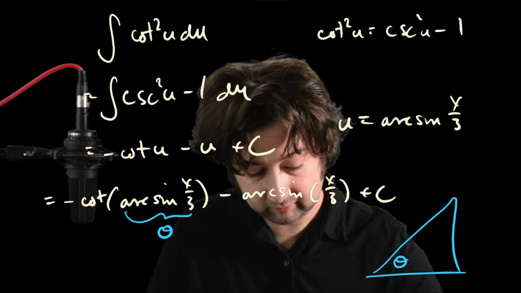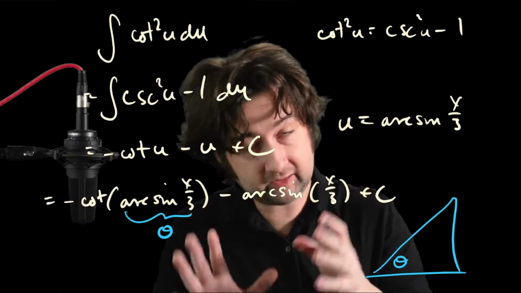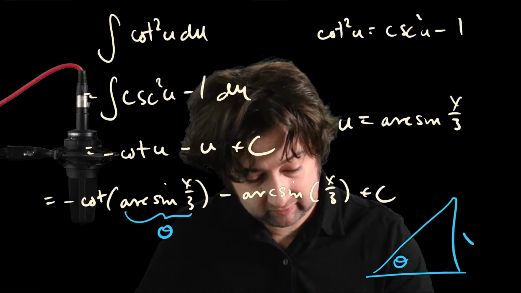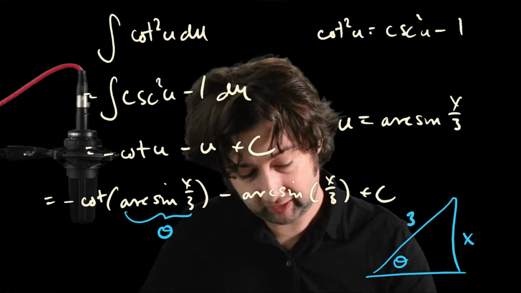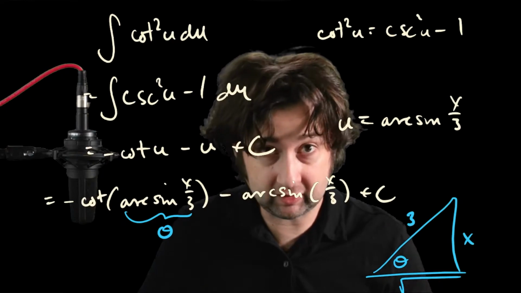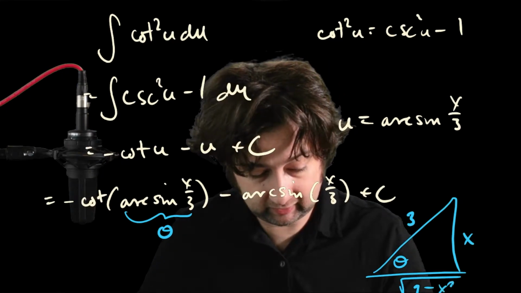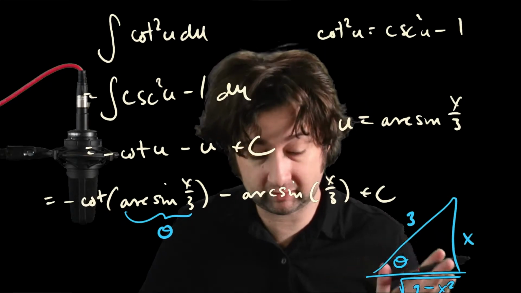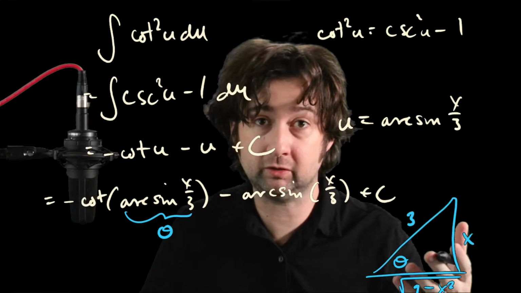And theta is the angle that has the sine x over 3, which means opposite over hypotenuse. And so by the Pythagorean theorem, the last side relating to theta is the square root of 9 minus x squared. That should look familiar, because this 9 minus x squared is the same 9 minus x squared that appeared in the original statement of the problem.